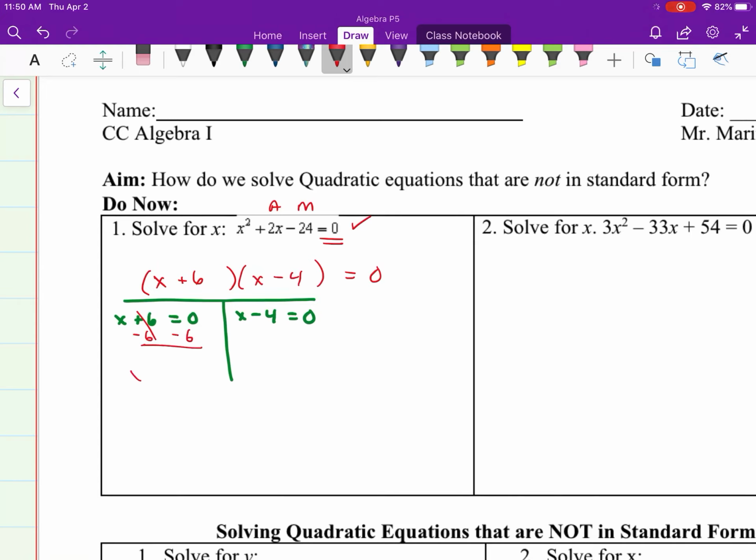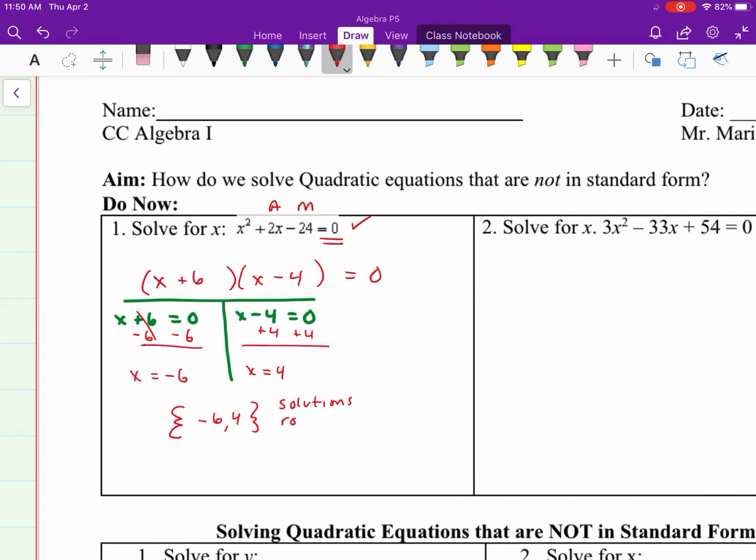And then showing work. To get x by itself, you would do the inverse operation on both sides. You get negative 6. And also this would be plus 4 both sides. You get x equals 4. So your two solutions are negative 6, positive 4.